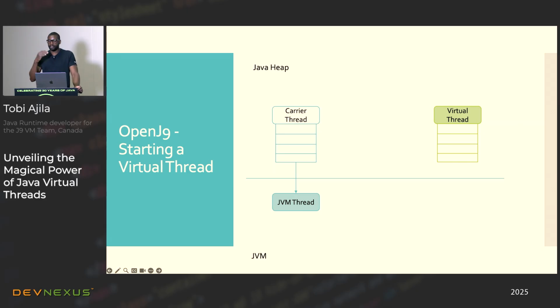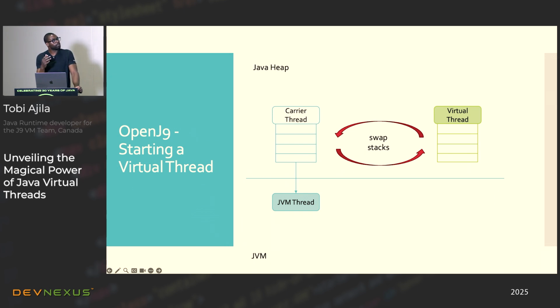But the fact that we're not using the native stack gives us a lot of flexibility, because what it means is that when we want to start a virtual thread or mount one, all we have to do is swap the stacks. So there's no movement of state. We're just swapping where the stack pointer is pointing.